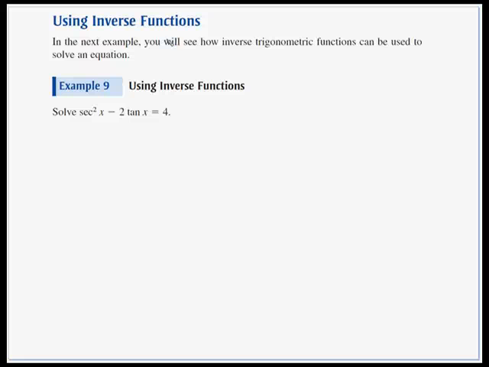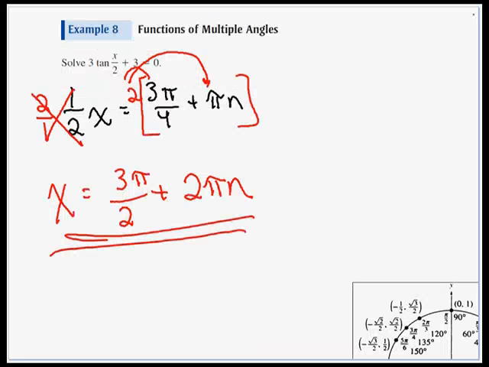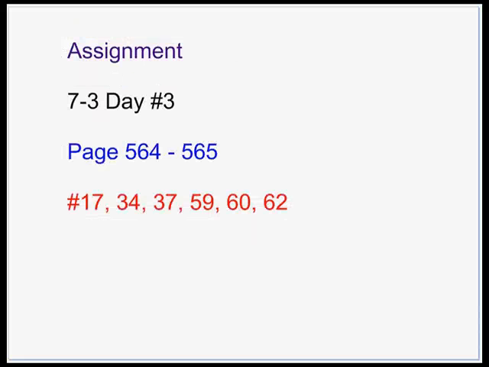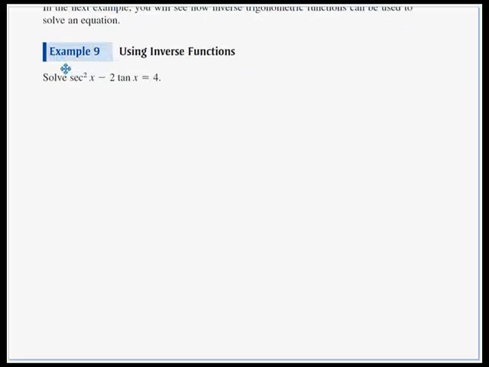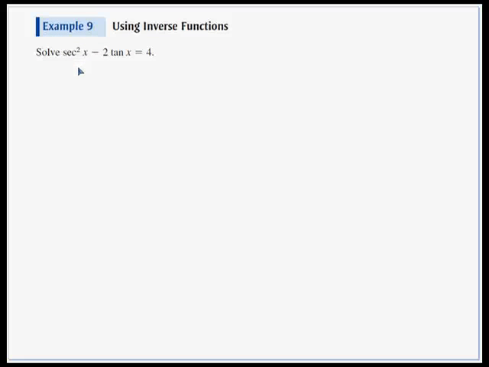Now, in this next example, you're going to see how inverse trig functions can be used to solve an equation. So we have secant squared x minus 2 tan of x equals 4. And our trig functions are different, so we're going to use a Pythagorean identity.